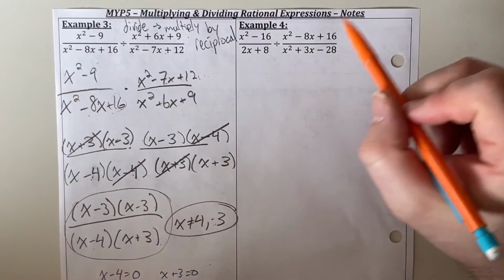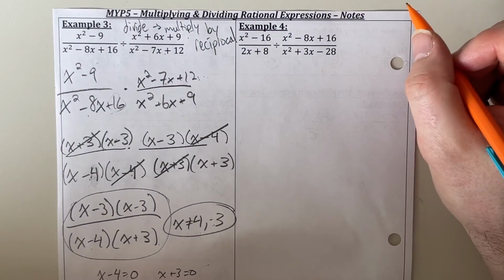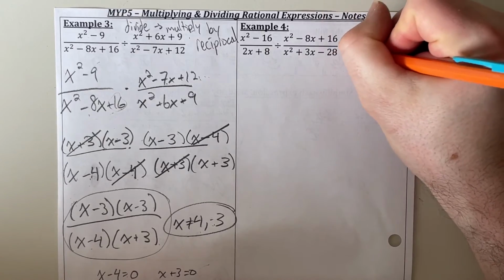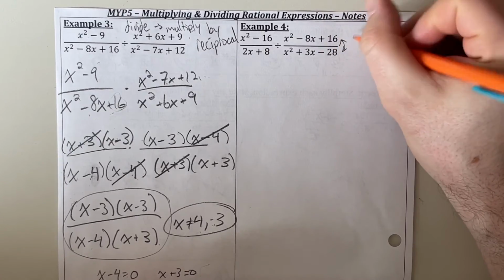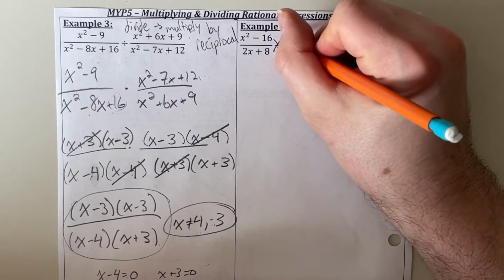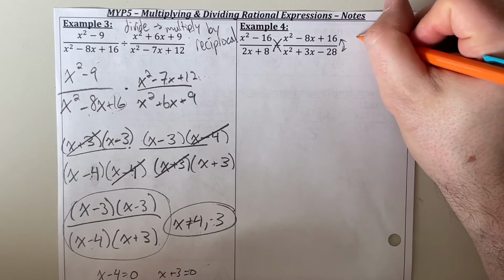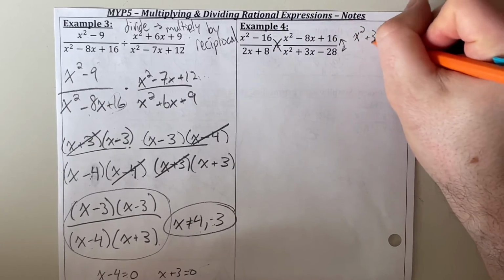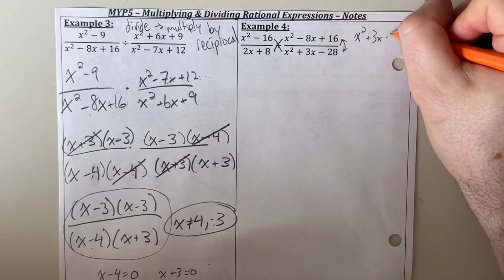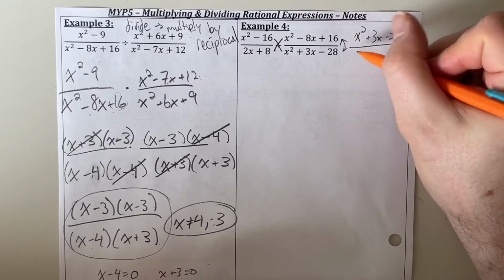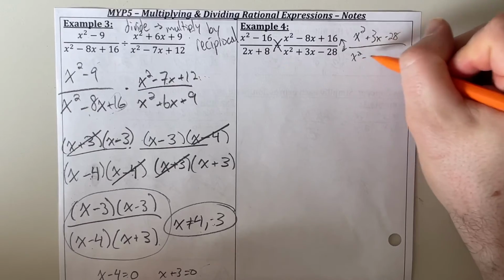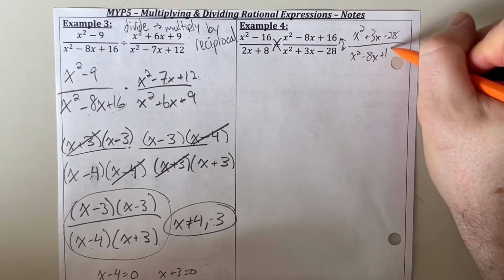So we have, again, multiply by the reciprocal. And so what I can do is this. Instead, I have times x squared plus 3x minus 28 all over x squared minus 8x plus 16.